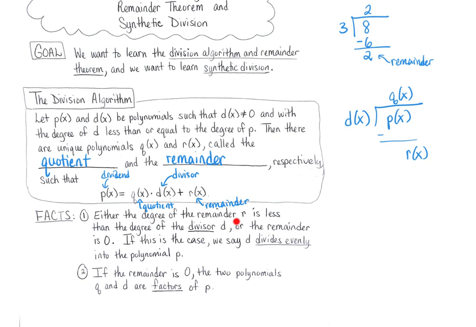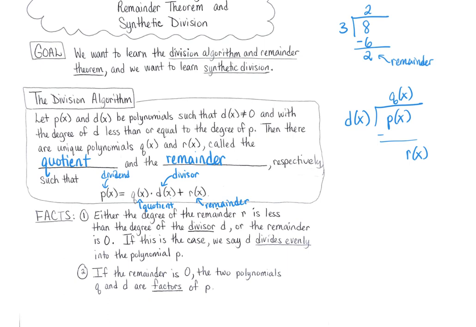Either the degree of the remainder r is less than the degree of the divisor d, or the remainder is 0. If this is the case, we say d divides evenly into the polynomial p. If the remainder is 0, the two polynomials q and d are factors of p.